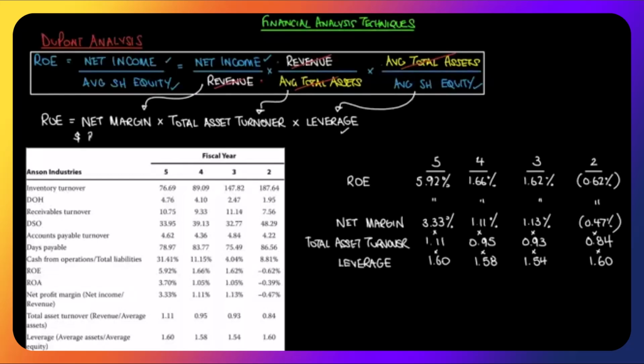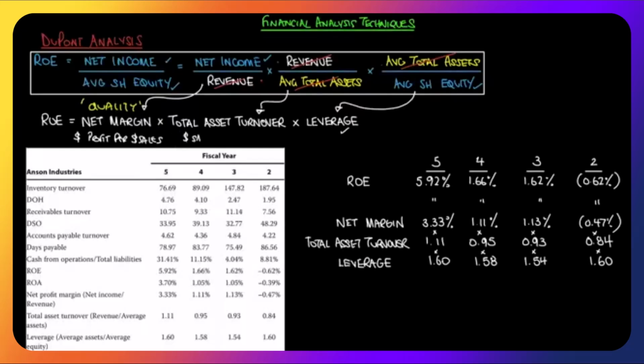Net margin, how many dollars of profit do you make per dollar of sales? Some people will call that the quality of your sales. Do they translate to profit? Total asset turnover. That is how many dollars, I don't want to write 1 there, sorry.